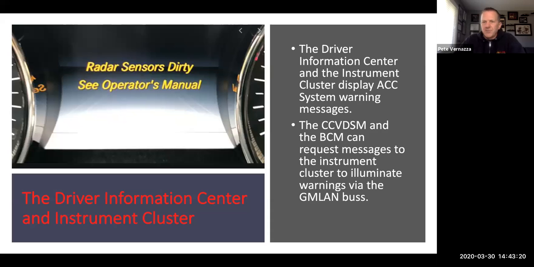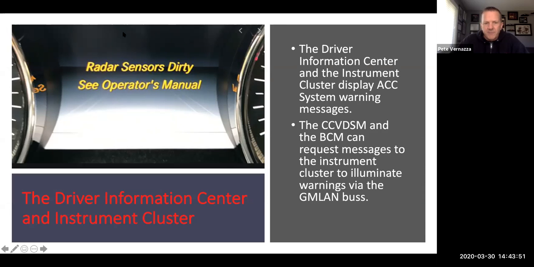I mentioned earlier that the Driver Information Center can display system warnings. The system warnings can be sent via the GM LAN again. There's a couple of messages that can be requested. The most common is the one that you're looking at right up here on the screen. That's actually off of an instrument cluster, and it says the radar sensor is dirty, or it's being blocked by debris or something.